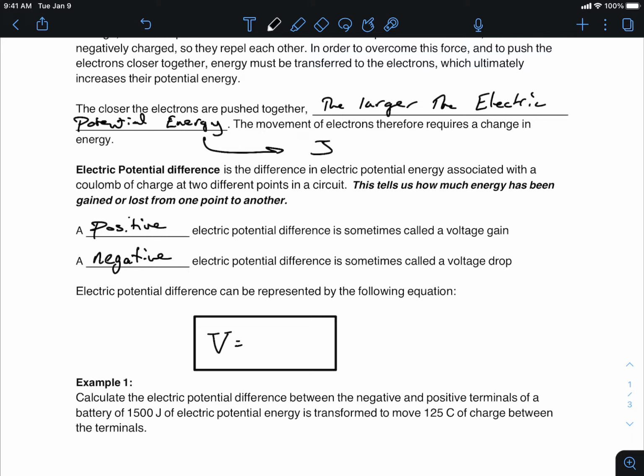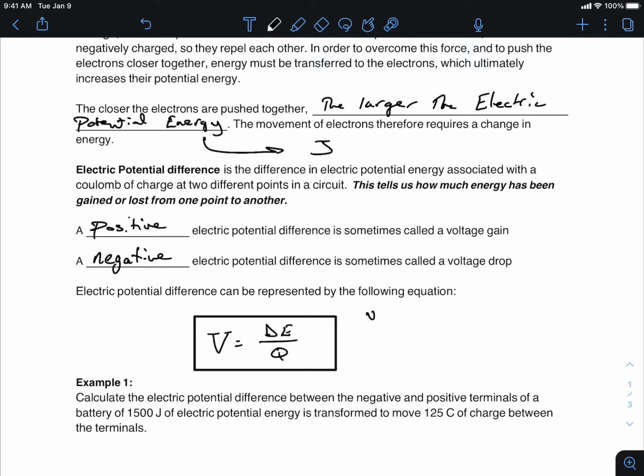And then how do we measure the electric potential, or the voltage? Well, we can see the change in energy per some charge, Q. So I'll write that down.